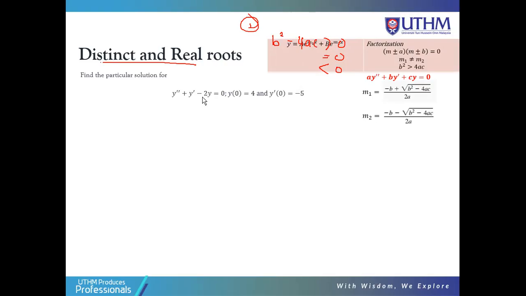Let's say you have this one equal to 0, so you know this is the homogeneous equation. Here is the initial condition.